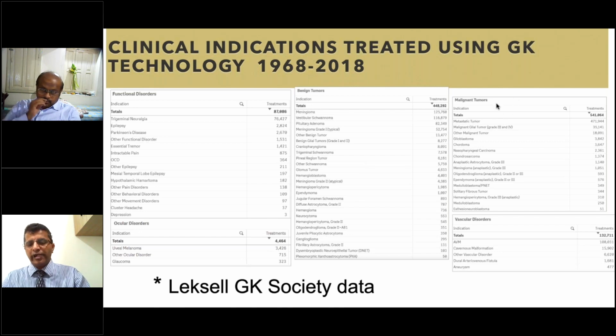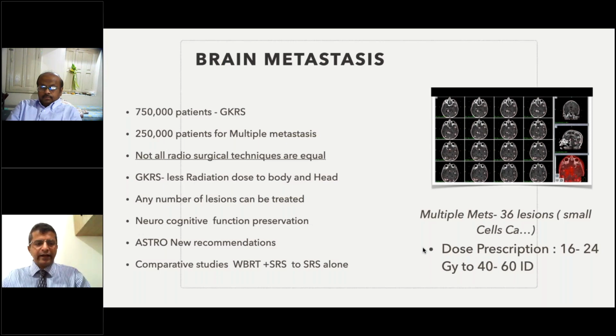Malignant tumors again, and vascular tumors, and we could see that there are cavernous malformations also. That is a good way it is coming up, because previously this technology was used only for AVMs. Now there are other vascular malformations like cavernous malformations, other vascular disorders, dural arteriovenous fistulas, and even aneurysms are treated by some of the centers. So these are some of my experience that I have.